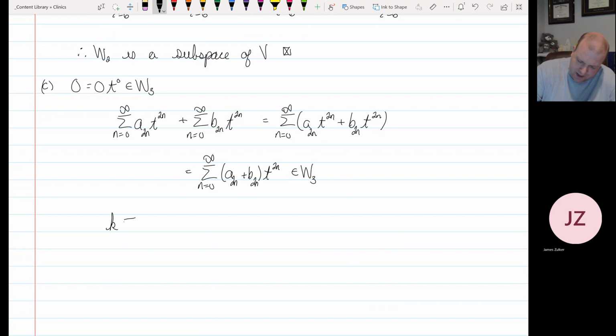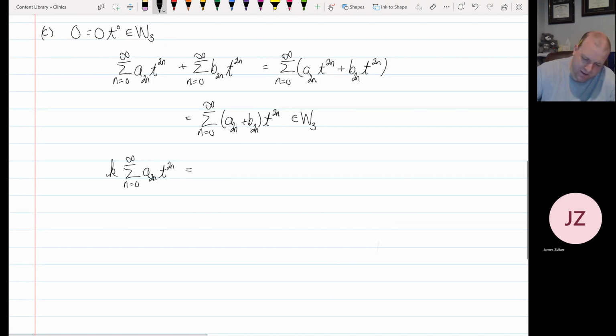We now take some scalar and multiply it by this vector.